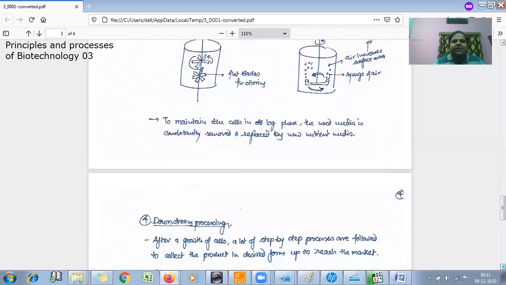So to maintain the cells in the log phase, the used media is consistently removed, and the removed media is replaced by new nutrient media, so that the cells will remain in the log phase.